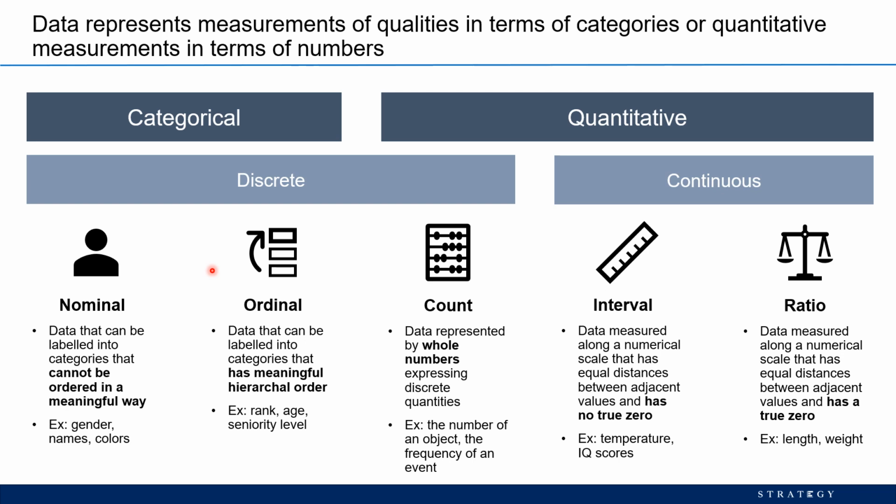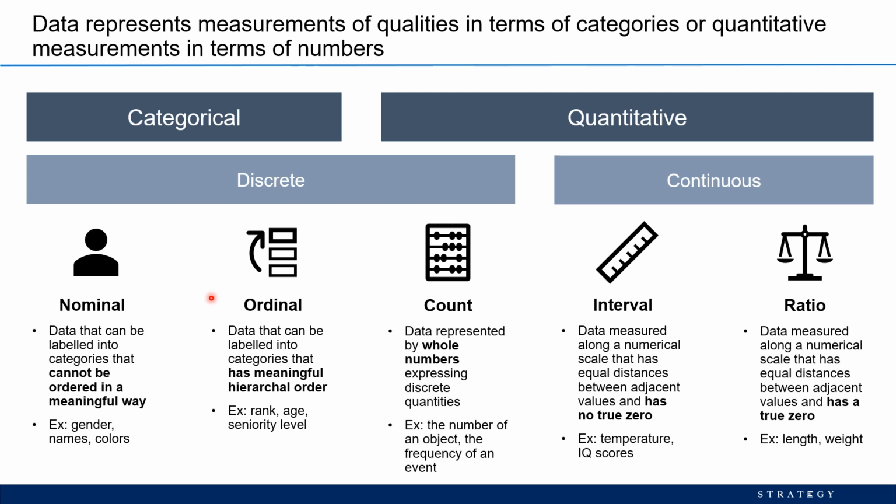For instance, the most common example of ordinal data is ranking. Say you have a marathon going on and somebody gets first place, somebody gets second place and somebody gets third place. Each of those rankings would be considered ordinal data because first place is greater than second place and second place is greater than third place.